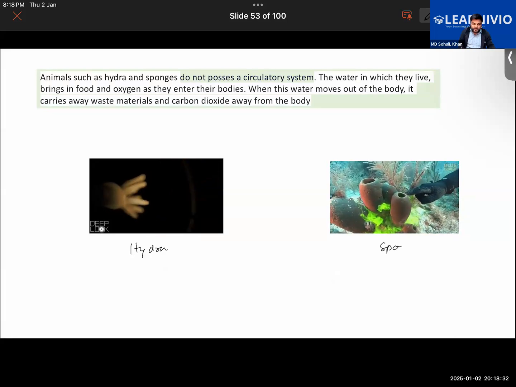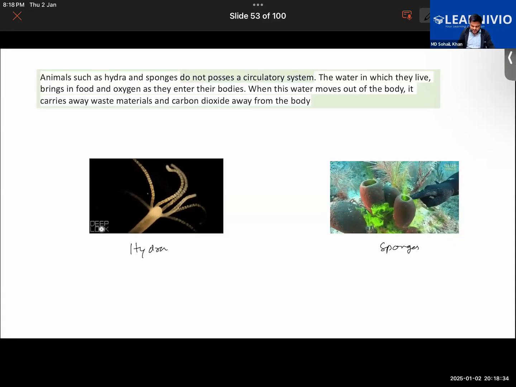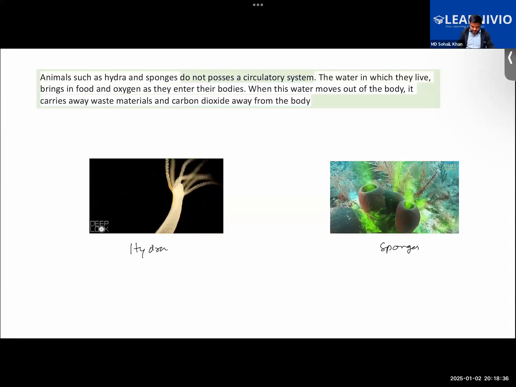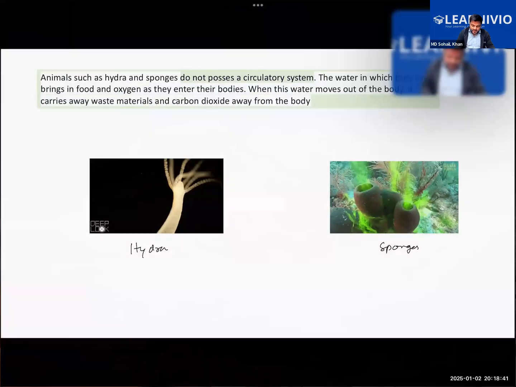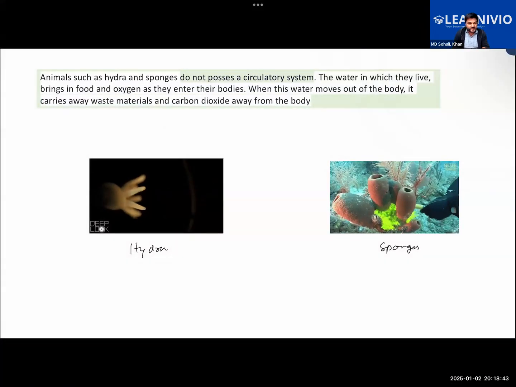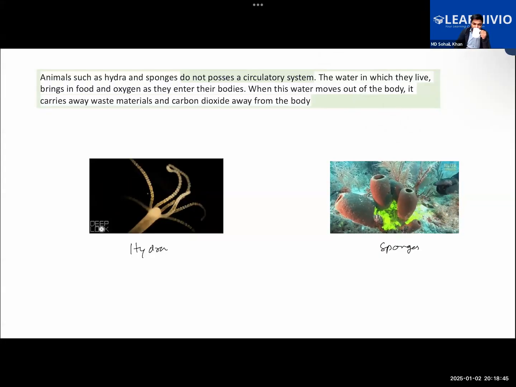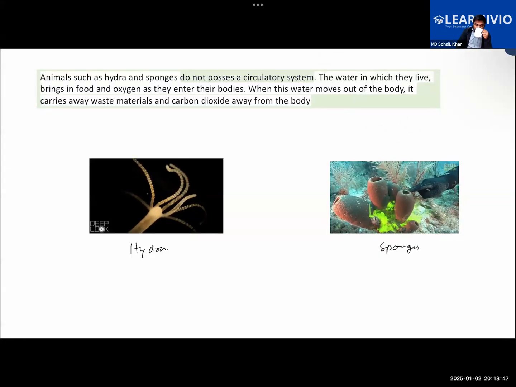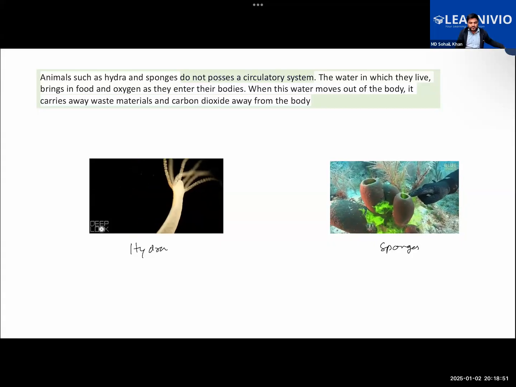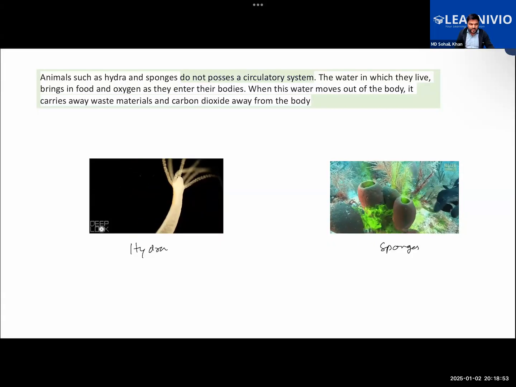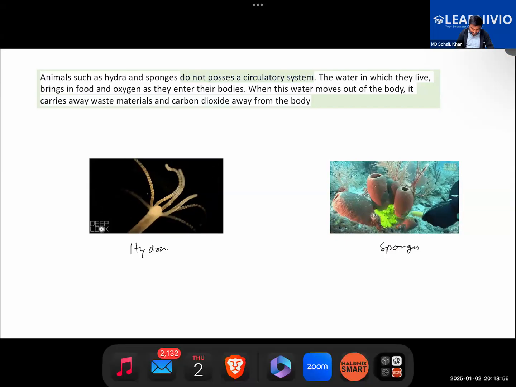You can't see the screen. See, there must be some network issue from your side. Okay, you're facing some network issue today, Razan. Yes, sir. You were sharing the screen the full time. Yeah, I have been sharing the screen all this time.